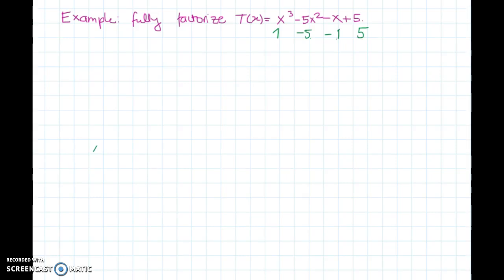So that means that if we evaluate our function at 1, this is the result we get, which is 0. So by looking at the coefficients, we can guess that 1 is a zero of the polynomial function, and then we know that x minus 1 is a factor.